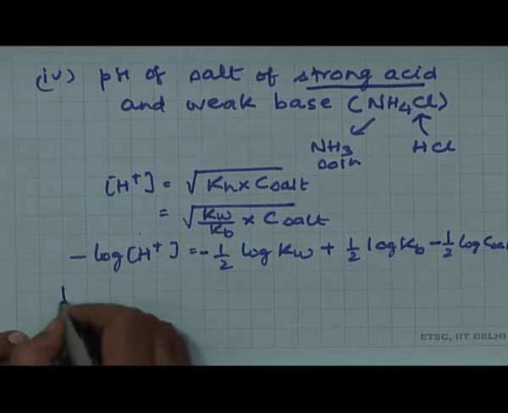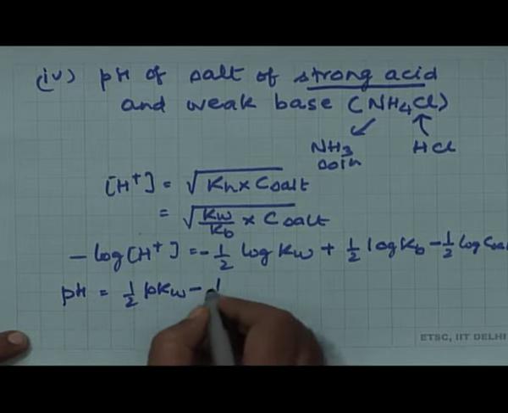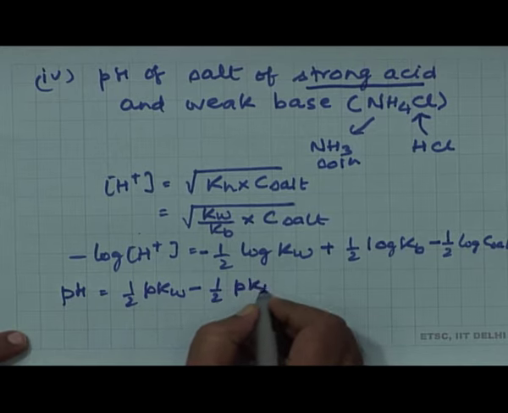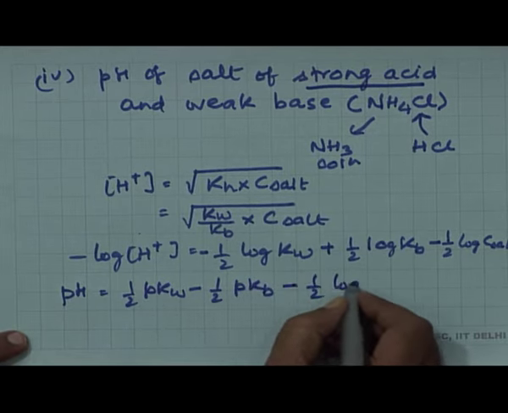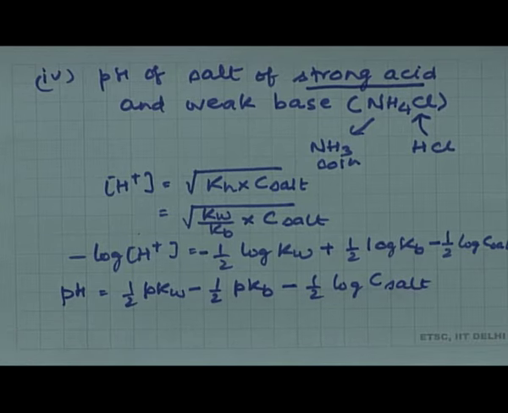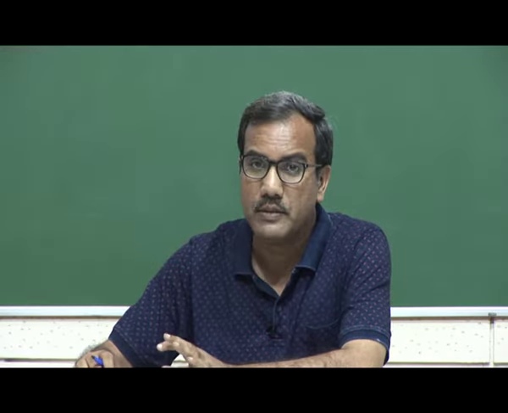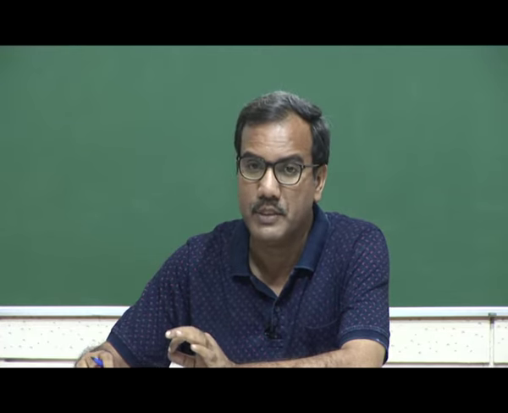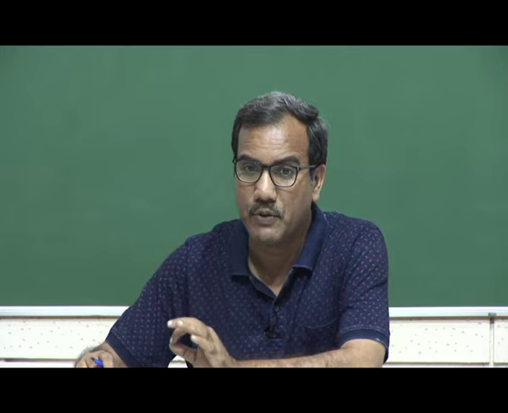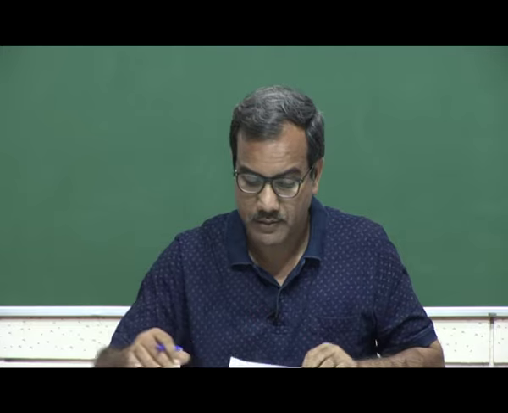So, pH is equal to half pKw minus half pKb minus half log C salt. This is the way we can calculate pH of salt of a strong acid and weak base. These four are very important formulas when you are trying to calculate pH of a solution where the concept of ionic equilibria is utilized.